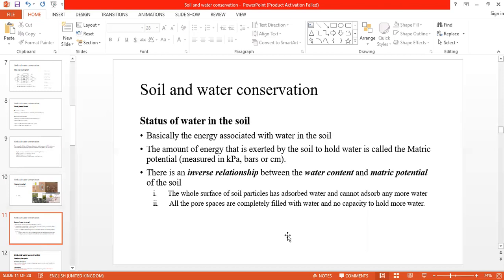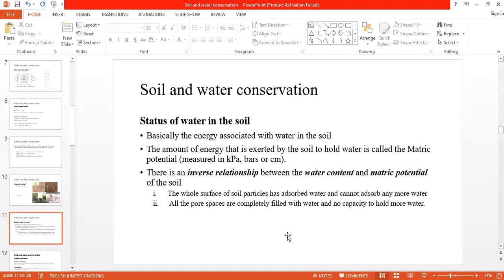It's usually measured in kilopascals or bars or centimeters. If a soil is very dry, when you add water, it will have a higher affinity to hold that water.